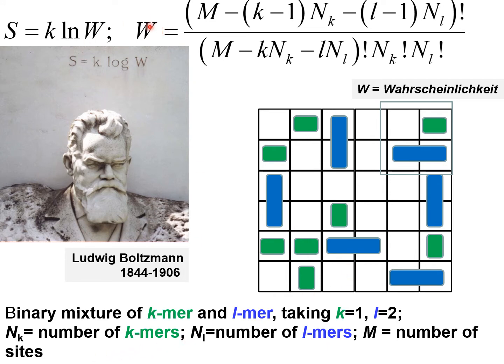The Wahrscheinlichkeit, W, can be expressed as follows, where these factorials can be determined using the Stirling approximation.